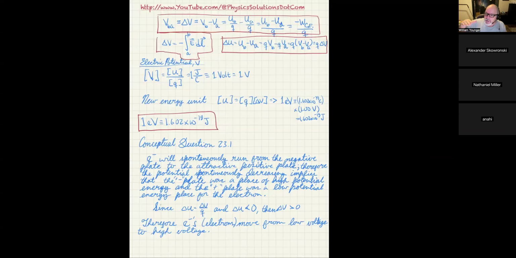So you're either going to get a high voltage on the top and a low voltage on the bottom, or you're going to get a high voltage on the bottom of the wire and a low voltage on the top of the wire. The results would tell you whether it's a positive charge or a negative charge doing the moving. And what we discovered in that Hall effect experiment is, in fact, that the negative charges are doing the moving. So, any questions on that?